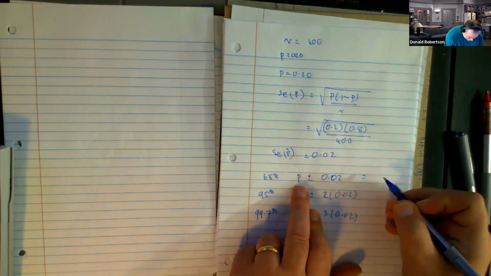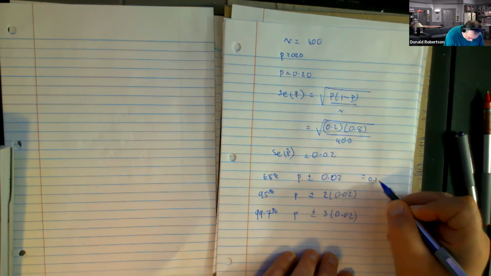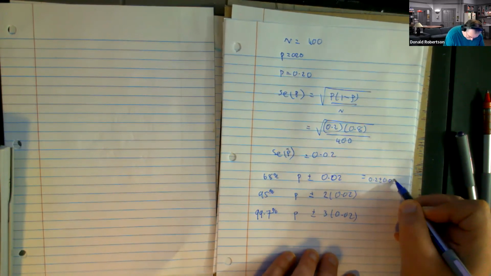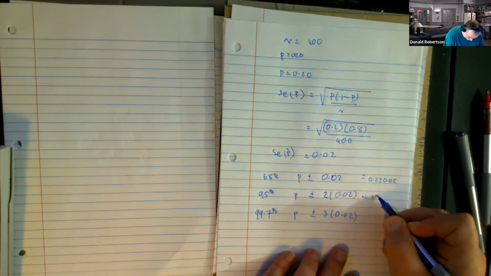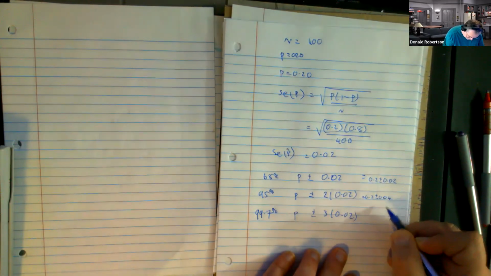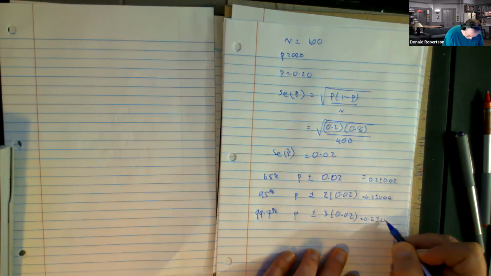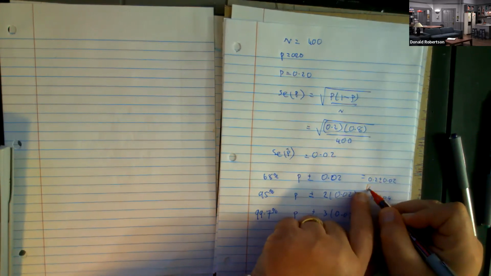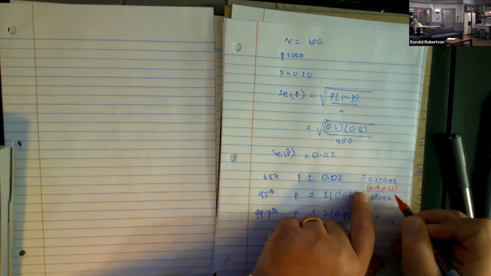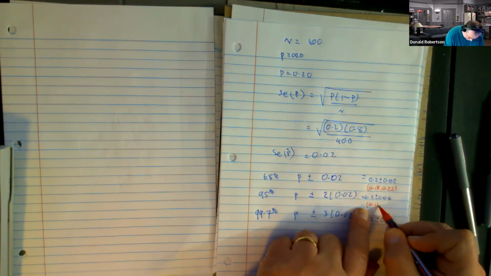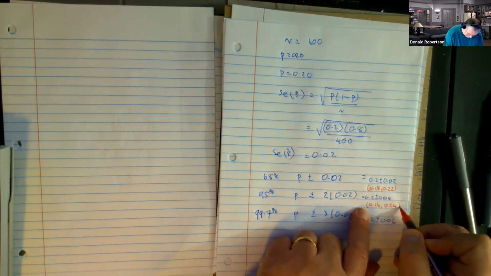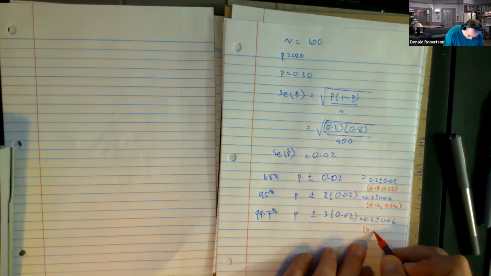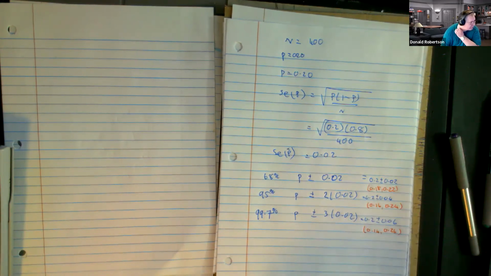In this case, 0.2 plus or minus that, 0.2 plus or minus that, and 0.2 plus or minus that. In this interval, it could be as low as 18, or as high as 22. In this case, it could be as low as 16, but also as high as 24. And this one, it could be as low as 14, but it might be as high as 26. And we have now constructed all the confidence intervals, right?